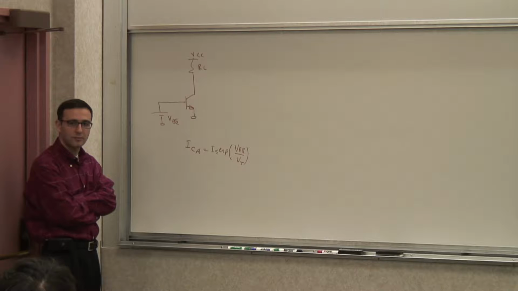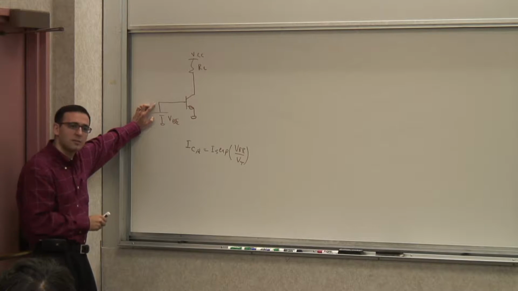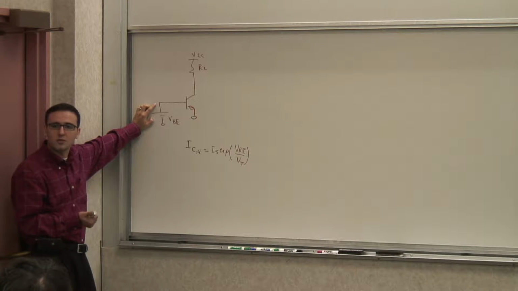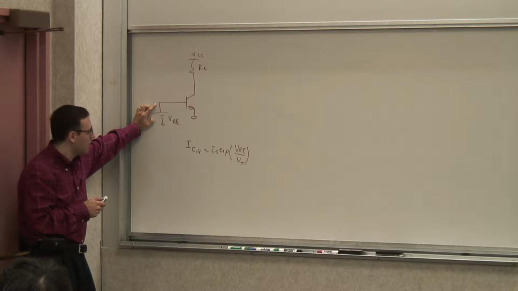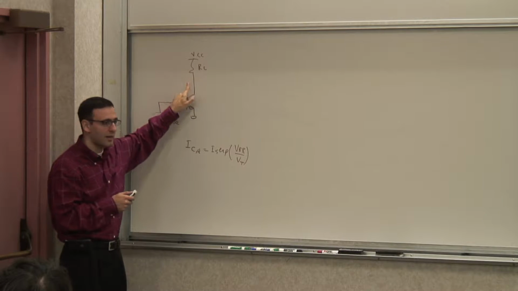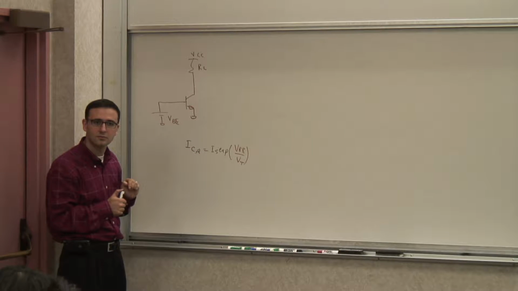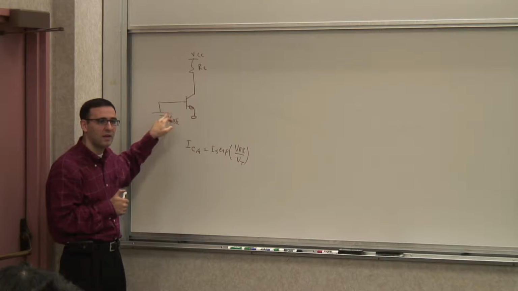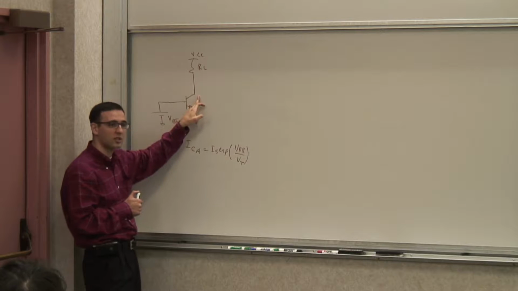First and foremost, if there's any kind of perturbation on this voltage, any kind of noise, let's say there's a little bit of 60 hertz line pickup or something, that gets directly amplified here and will modulate your collector current, right? So it's extremely sensitive to variations of this voltage, and this is an exponential, so a slight change here can change the current substantially.